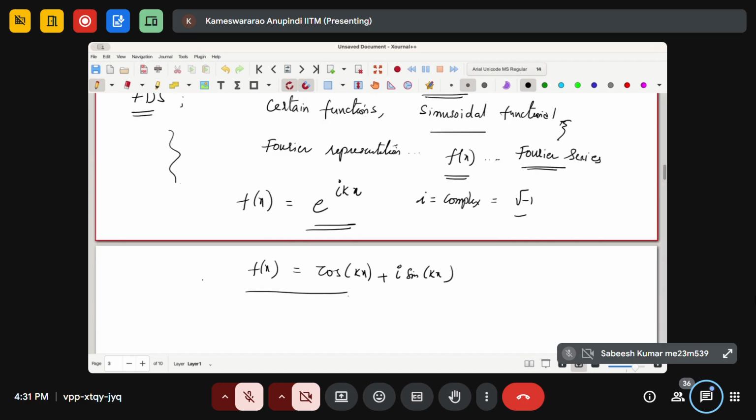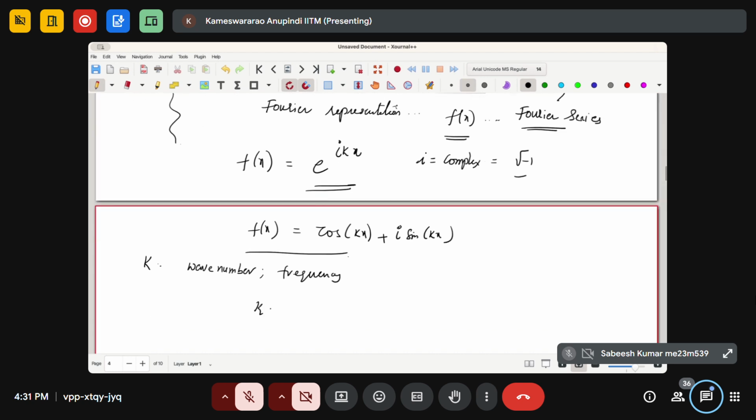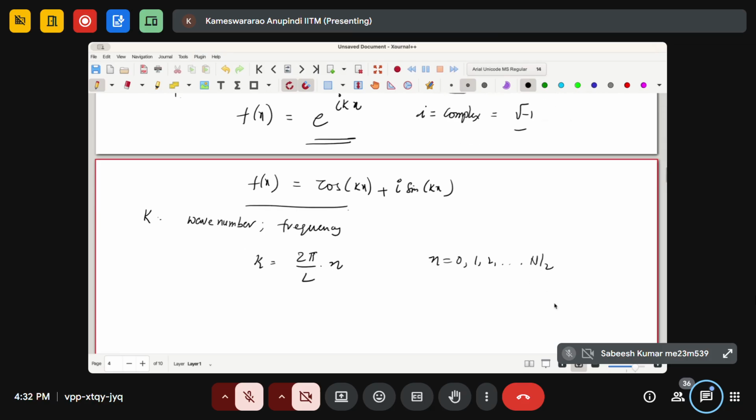Here k is your wave number, or we can also call it the frequency. That means k can be written as 2 pi by L times n, where n can go from 0, 1, 2 all the way to N by 2, let us say. So what is this wave number?